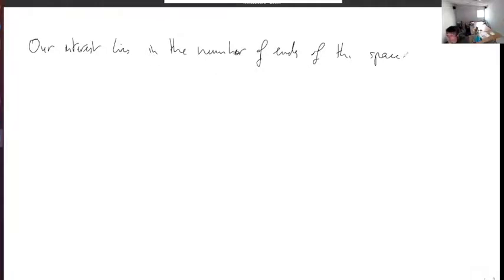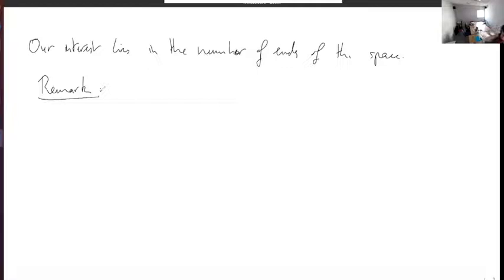So maybe the first proposition that I will just sketch. Maybe another remark before I proceed. Here I've defined an end for proper geodesic metric spaces.